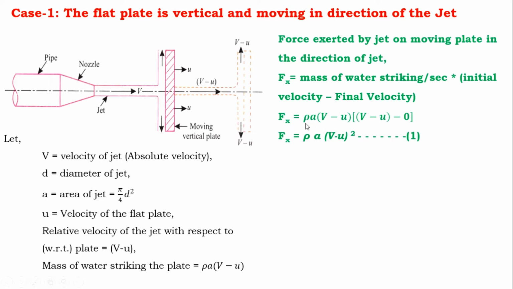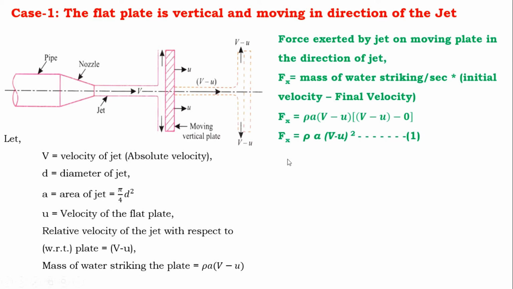If you put the values of initial and final velocity, we get Fx is equal to rho A (V minus U) times (V minus U). If you simplify this, you get Fx is equal to rho A (V minus U) squared. That is our equation number 1.